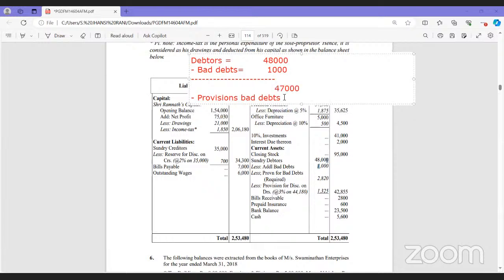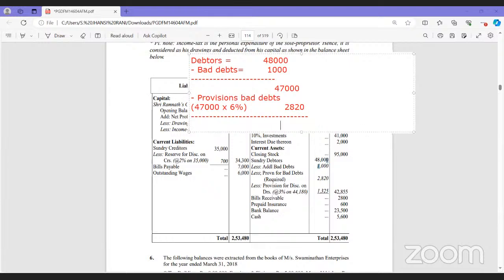So how are we going to calculate it? We calculate 6% on 47,000, 47,000 into 6%. So we get 2,820. This is the new provision. And from this we deduct, you will get 44,180.